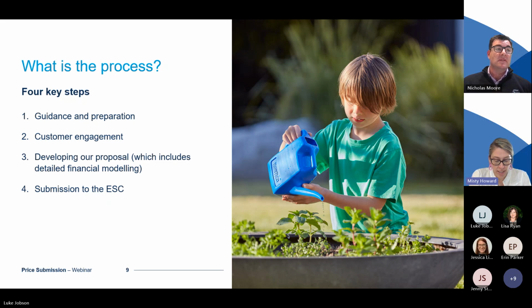The ESC provides us with detailed guidelines outlining the requirements for our price submission, and this includes the regulatory framework we must adhere to and the expectations for our proposed prices and services. We then actively engage with our customers and communities to understand their needs, preferences, and priorities. This feedback is instrumental in shaping the submission.